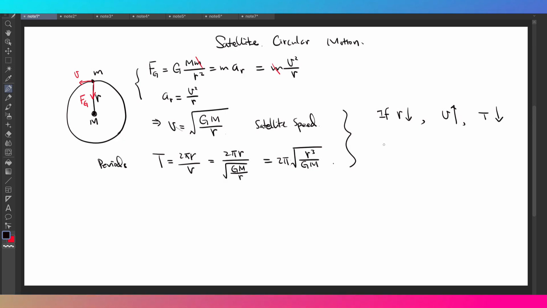And we know Earth has a radius, right? So the smallest r that we can have is the Earth radius.